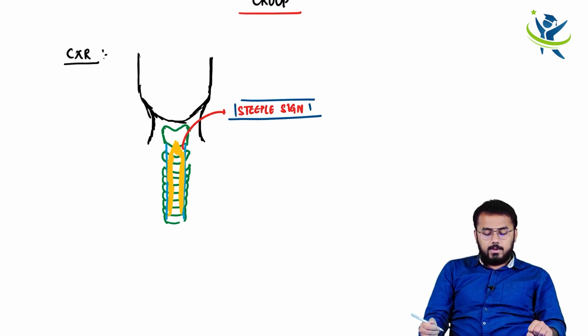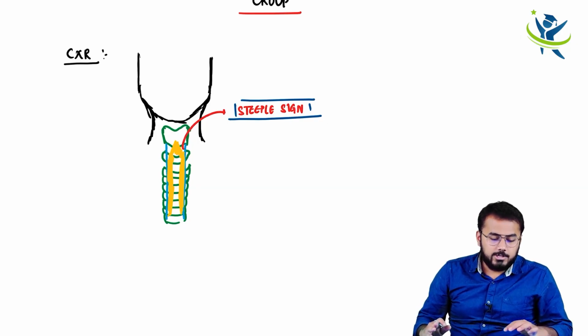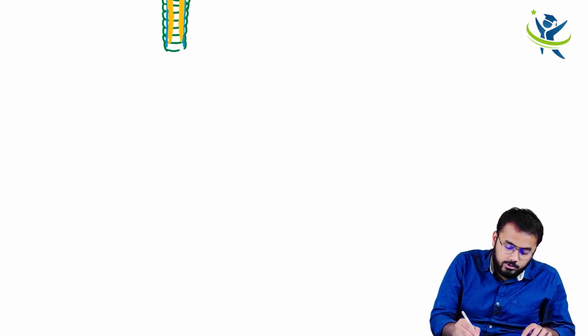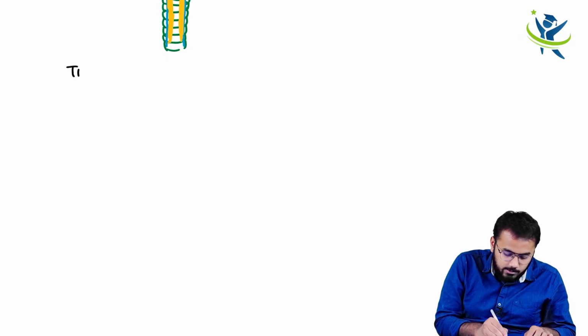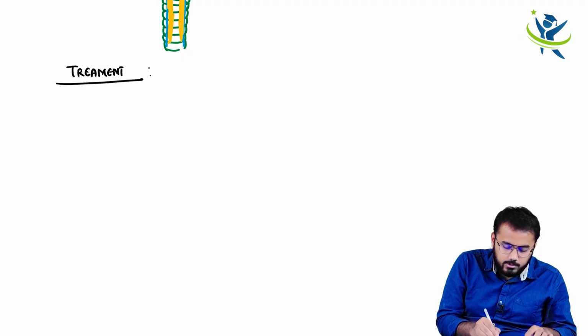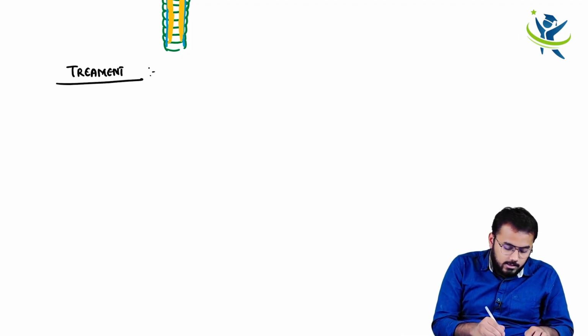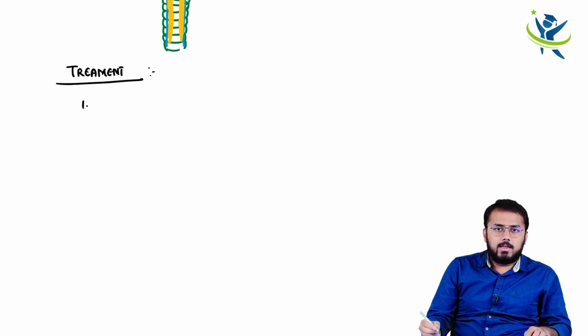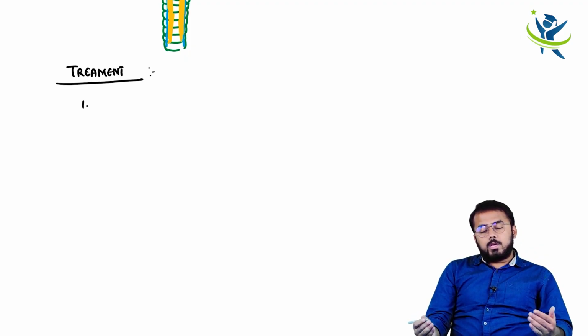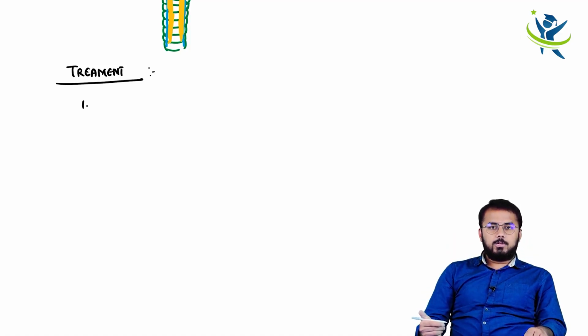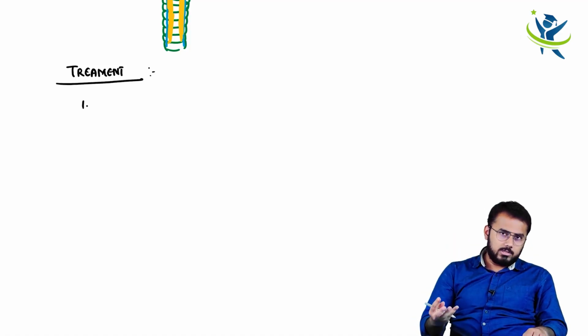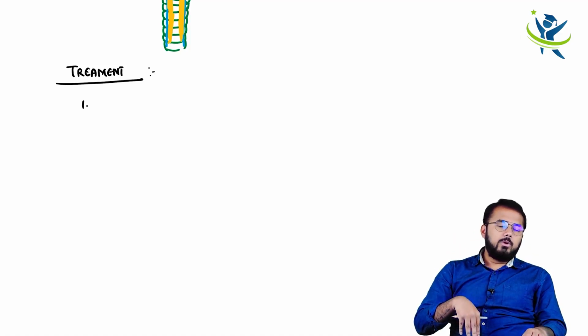Clear? So once it is confirmed that the patient is having croup, the next thing you need to do is start the treatment. Can anyone tell what is the treatment plan in this patient? What will be the treatment plan? The first important thing in the treatment plan is supportive care. What is supportive care? You need to give a lot of fluids to the patient. You need to put the patient on oxygen because oxygen is not going inside the patient.